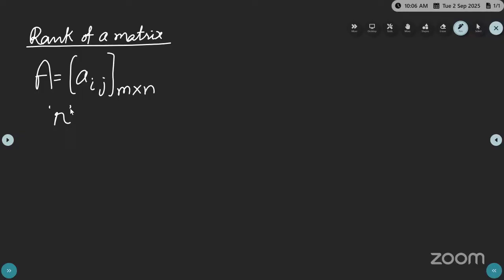What are you going to get? Eliminate some rows and columns. Try to keep R number of rows and R number of columns. Then you are going to get a submatrix of order R by R. Find the determinant of it.